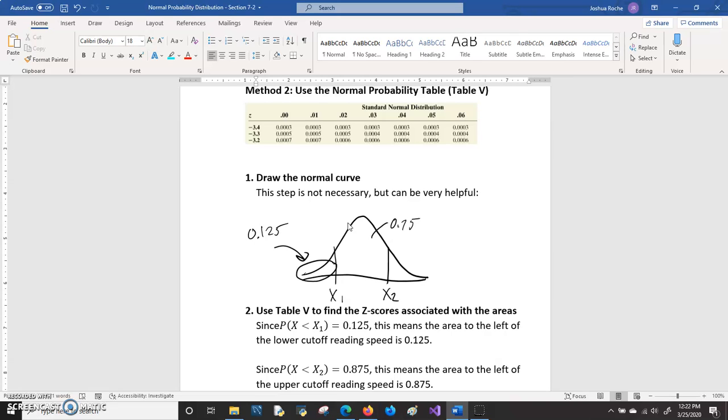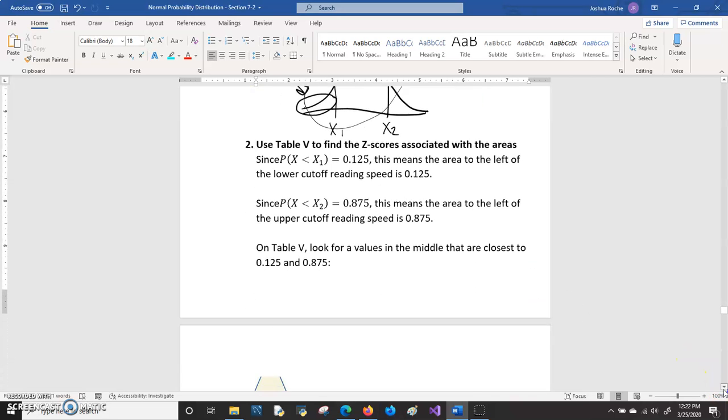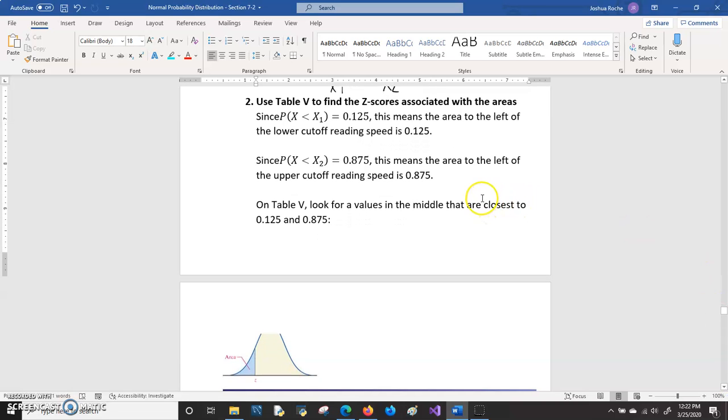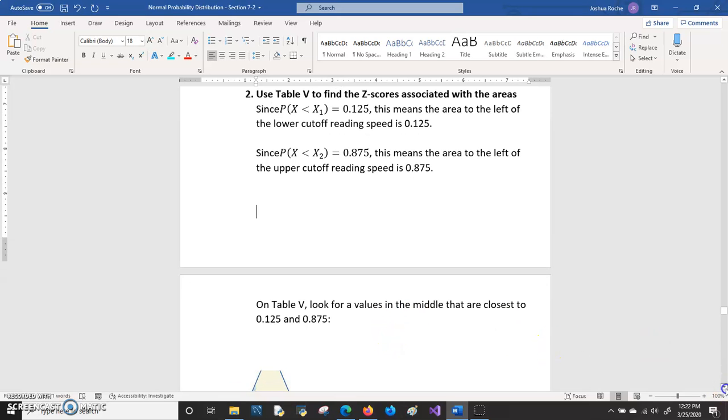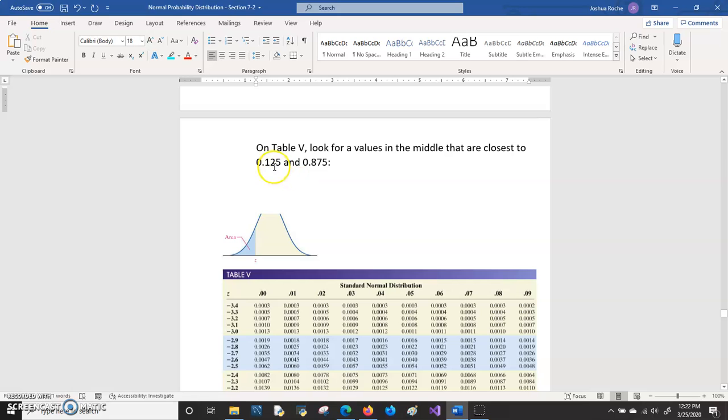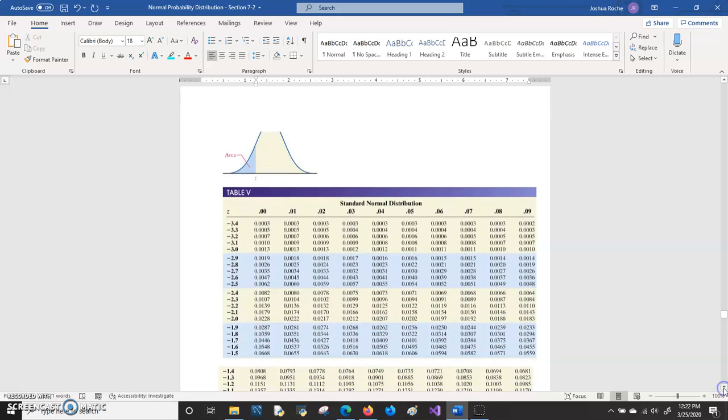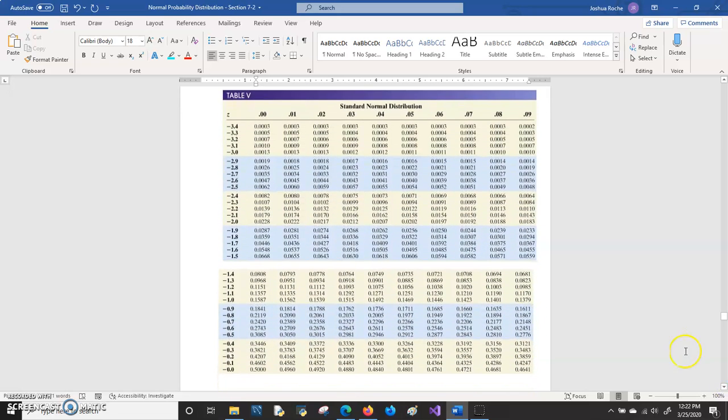The area to the left of x2, so this whole area, is 0.875. We'll go to table 5 and look for the areas that are the closest to 0.125 and 0.875. Let's start with 0.125. So we'll go down here, looking for an area that's really close to 0.125, and it looks like this is the closest one, 0.1251.